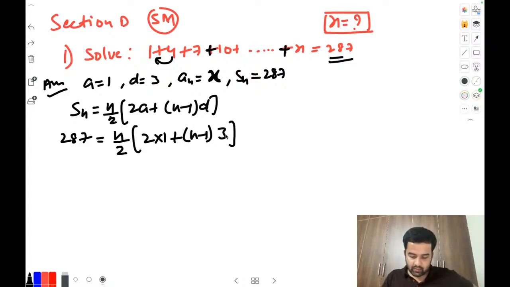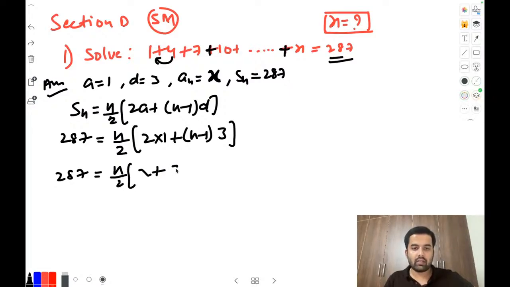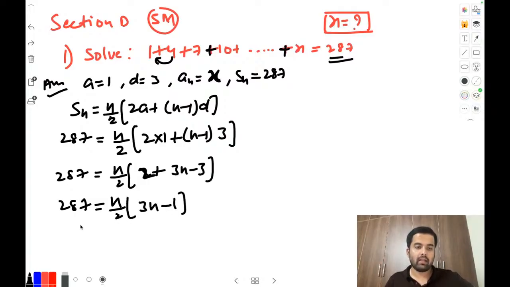Next, just solve it. 287 equal to n by 2, this become 2 and this become 3n minus 3. Next 287 equal to n by 2, this become 3n minus 1. And after the cross multiplication all 2 will go that side, so your things will go like this.